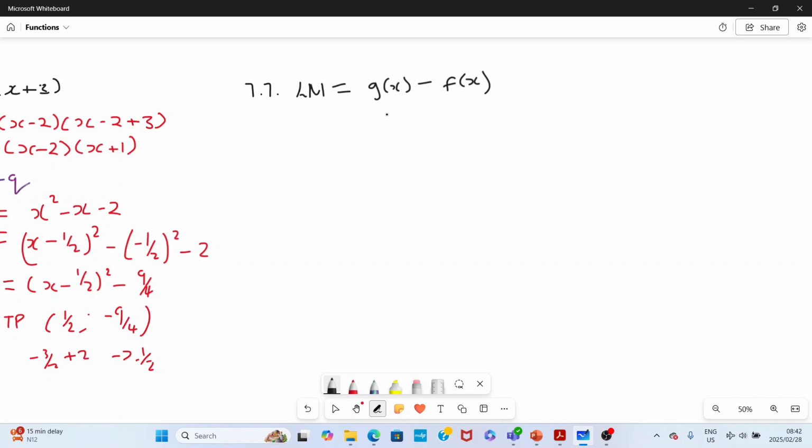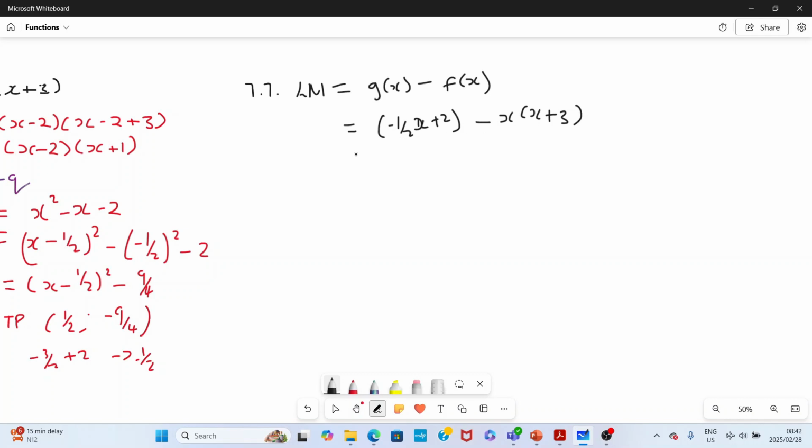This gives us LM. Now, what is the function of g? G of x was given by minus 1 over 2 x plus 2, and f of x was given by x into x plus 3.